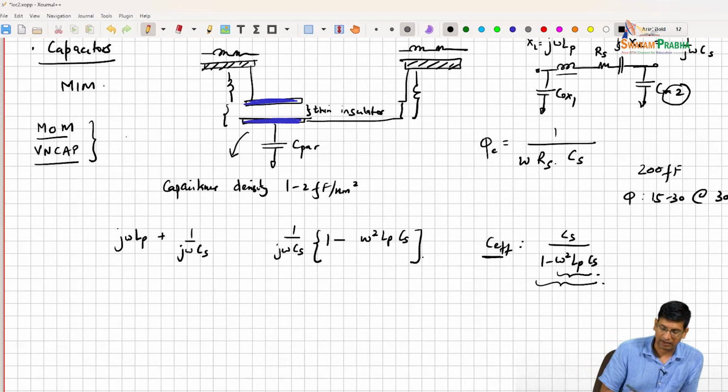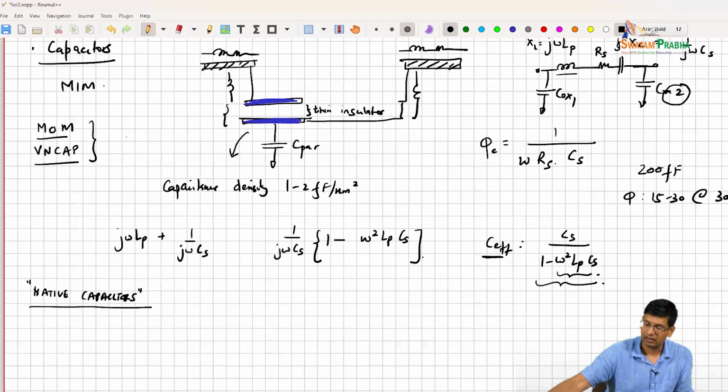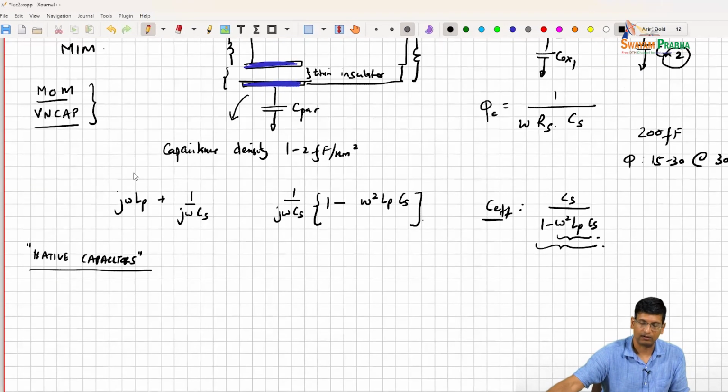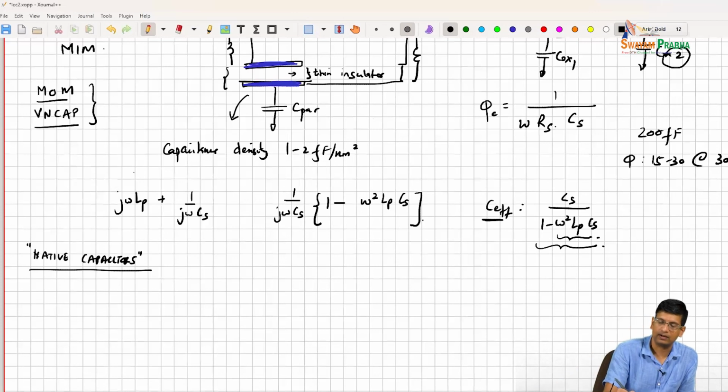And then we have these things that we call native capacitors, right? And native capacitors are ones that don't require this extra thin insulator. So basically they are being made with only the metal back end of the line that we have, right?